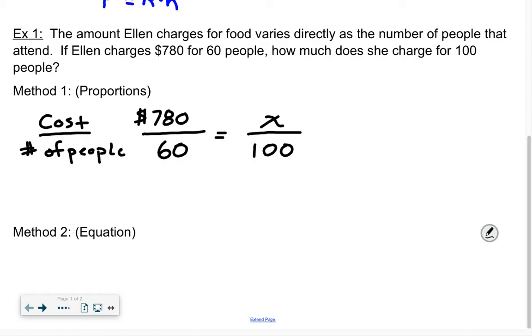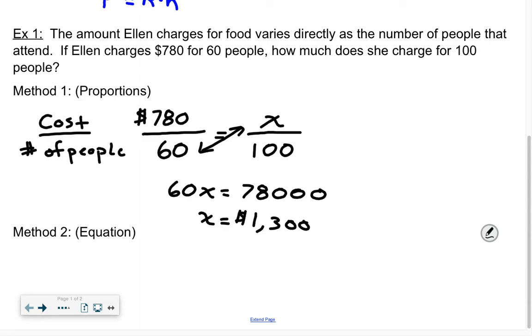And that's what we're going to solve for, that variable x. Therefore, if we cross multiply, 60 times x, we'll get 60x. 780 times 100, we'll get 78,000. And now we solve for x, therefore we divide both sides by 60, and we come up with 1,300.